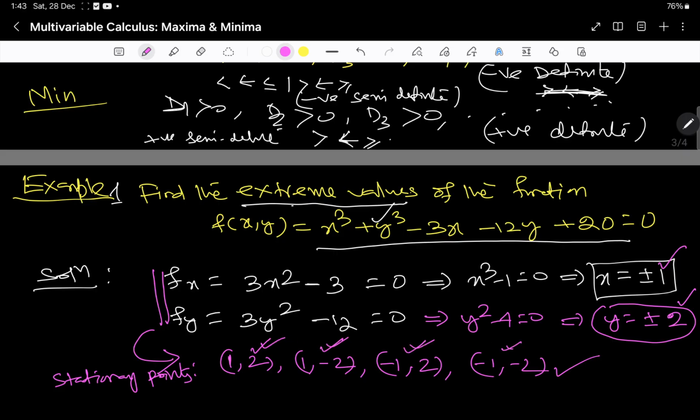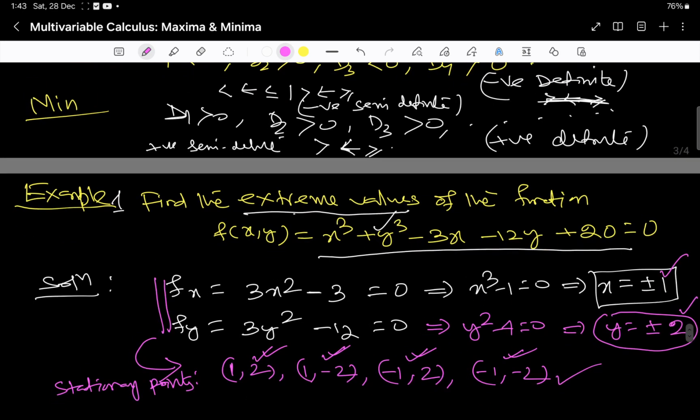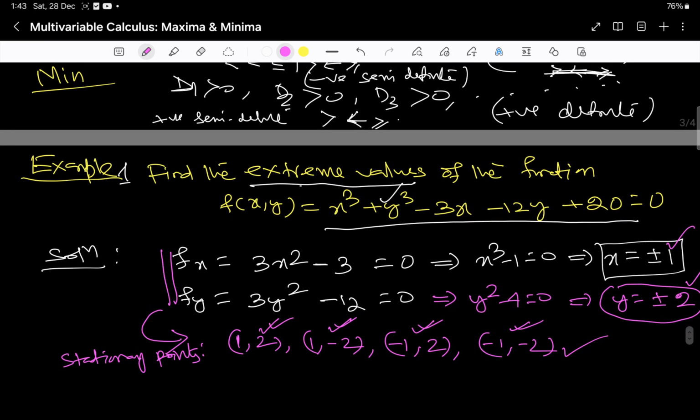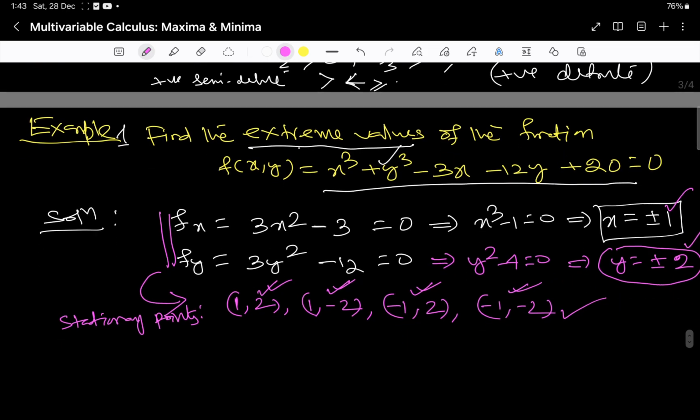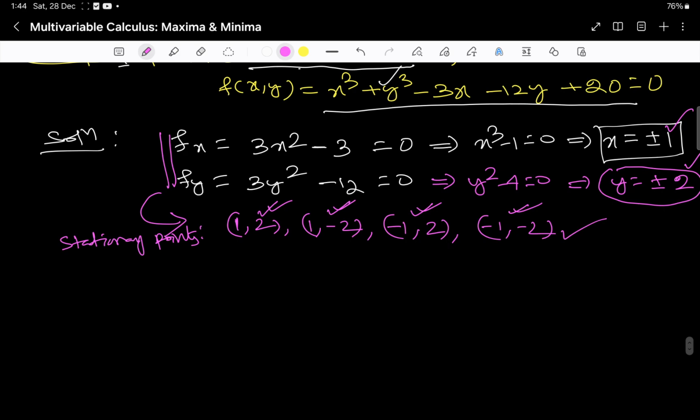At individual stationary points we will verify rt minus s square, and accordingly we will decide whether it is maxima, minima or a saddle point. Let me solve it in a tabular form, so that we can simultaneously study the behavior of the function at all the points.